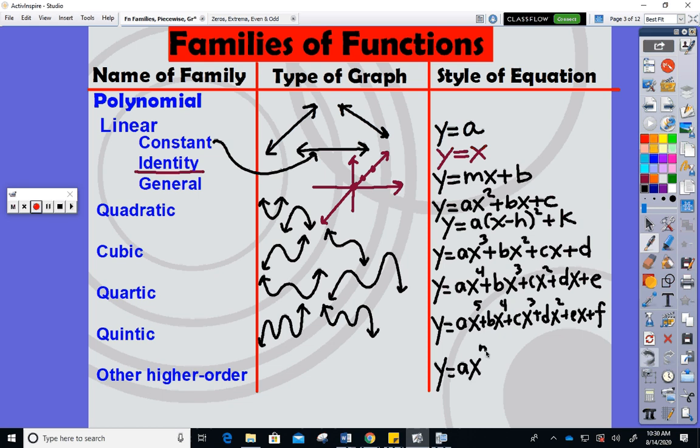So if it's an nth degree polynomial function, in general the next term would be some b times x to the n minus 1, where the exponent drops one each time, all the way until you add on a constant term if there is one. So that's just a general look at polynomial functions.